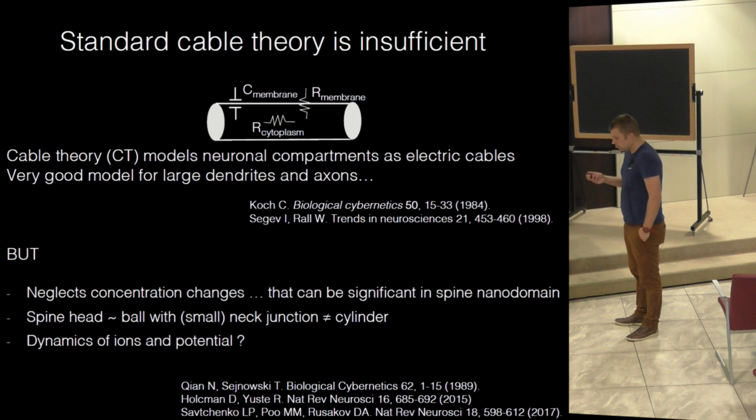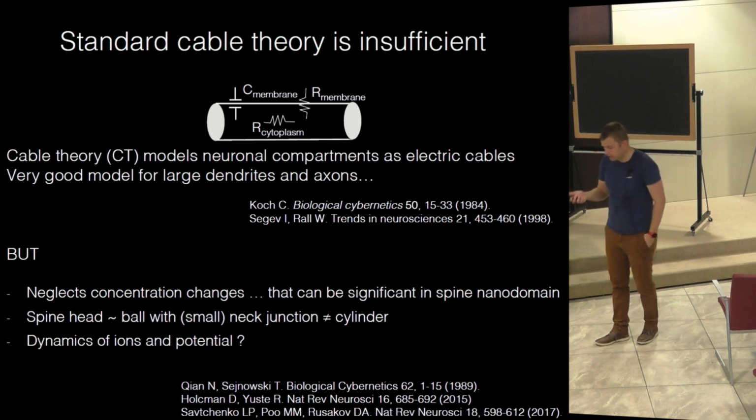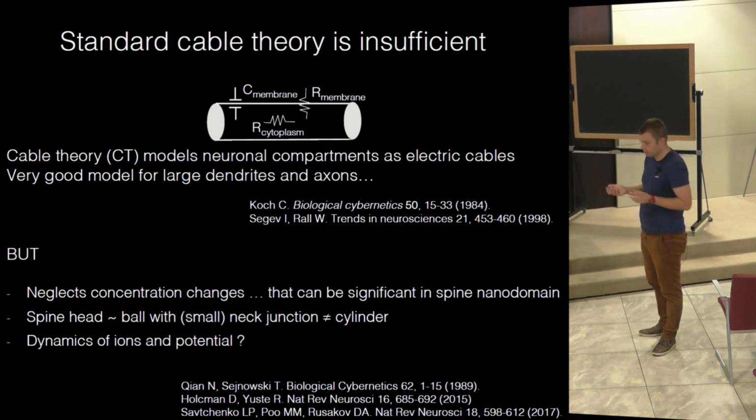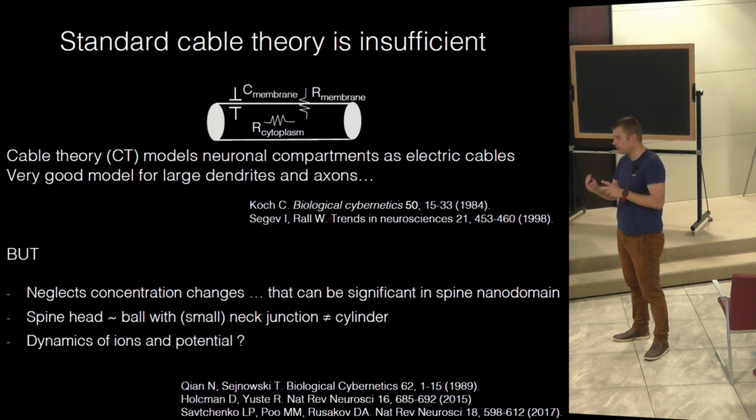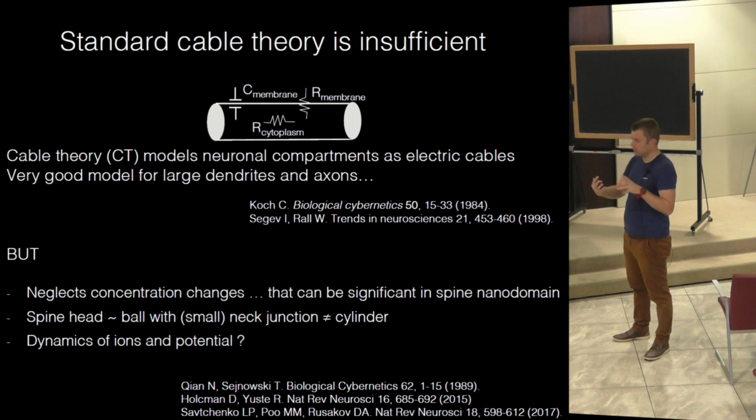When you want to look at the electrical activity of neurons, what is usually done is to use the standard cable theory. This is a theory that is implemented in the big software NEURON. Typically you consider that each part of your dendritic tree is a cylinder.